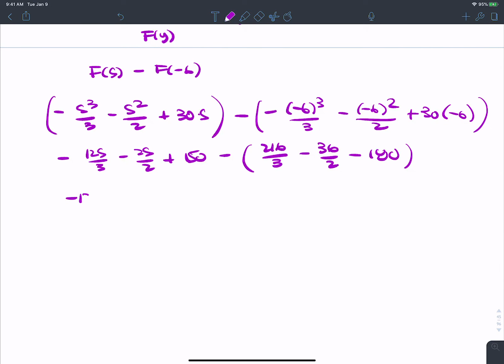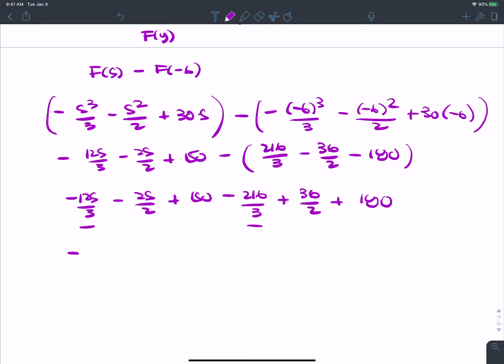So I get negative 125 cubed minus 25 halves plus 150, distribute, minus 216 over 3 plus, I'm going to keep this halves, 36 halves plus 180. So I'll combine my cubes first, okay?